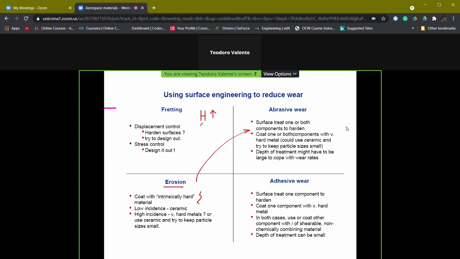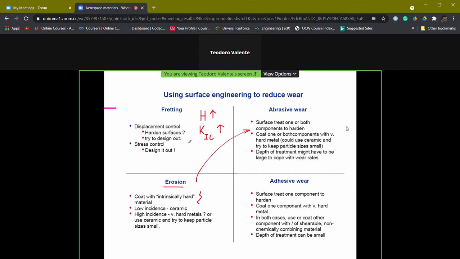We want to increase the fracture toughness of the surface to be protected. And these two properties, as we know, do not go together. If we have a general material and we increase its hardness, we usually reduce its fracture toughness.